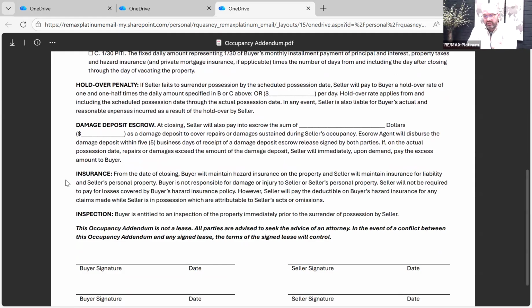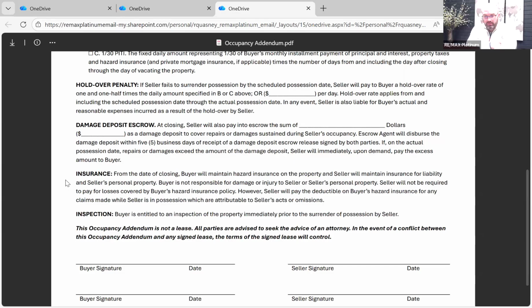All right, insurance. From the date of closing, buyer will maintain hazard insurance on the property, and seller will maintain insurance for liability and seller's personal property. So in theory, both parties are supposed to get insurance on the property from the date of closing through possession date. Buyer is not responsible for damage or injury to seller or seller's personal property.